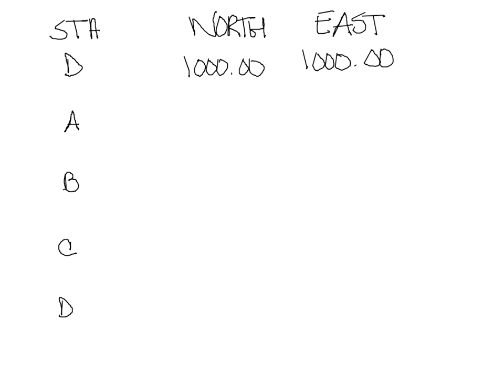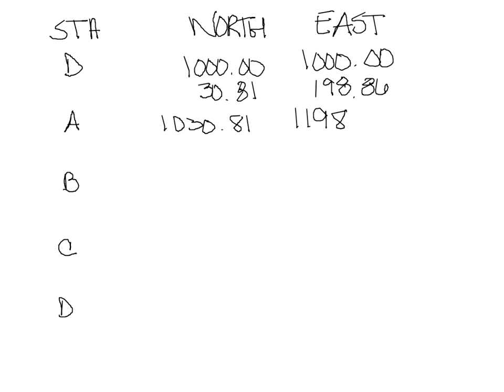So looking at those numbers, we go over here to the east, our balanced departure of 198.86, and we go up 30.81 feet. So the coordinates of A are 1,030.81, 1,198.86.